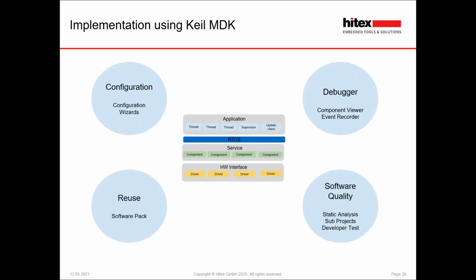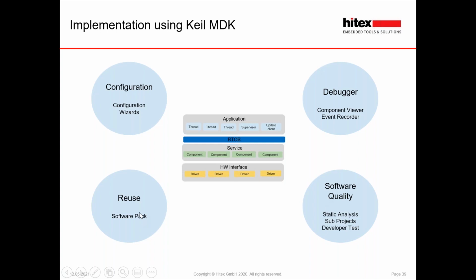So now we have our application, we have our architecture, the different layers, the reusable components, CMSIS drivers and custom drivers. So we can configure it, we can expand the debugger, we can improve our software quality with software test, we can use additional static analyzers as well.